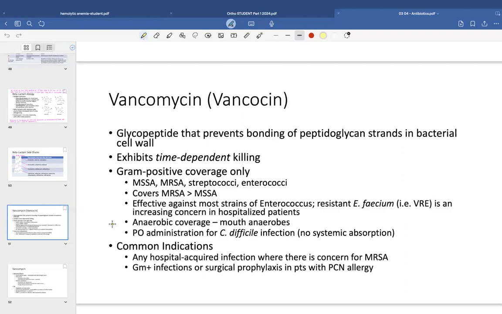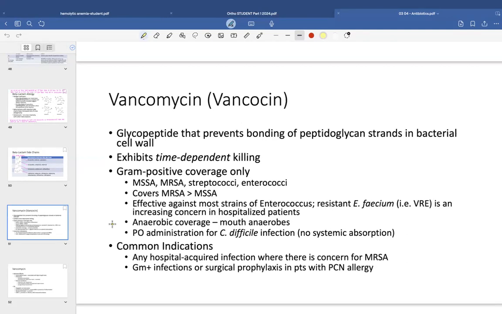So again, it targets the cell wall in specifically gram-positive bacteria. What's different here compared to penicillins is that it exhibits more time-dependent killing. And I'll talk about how that affects our dosing and our approach to treatment in a little bit.